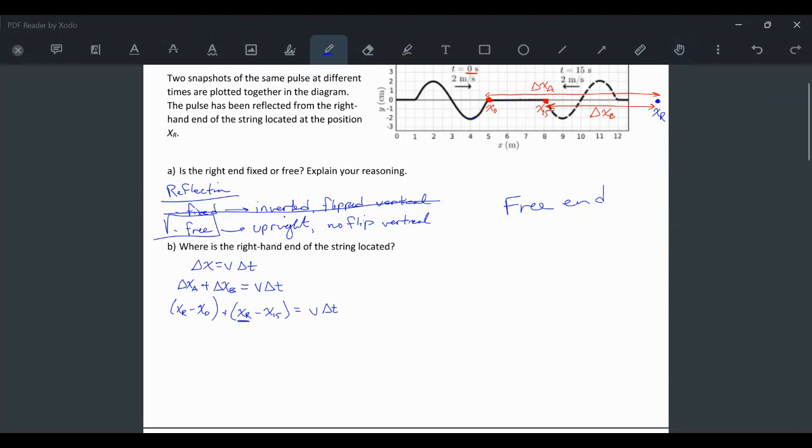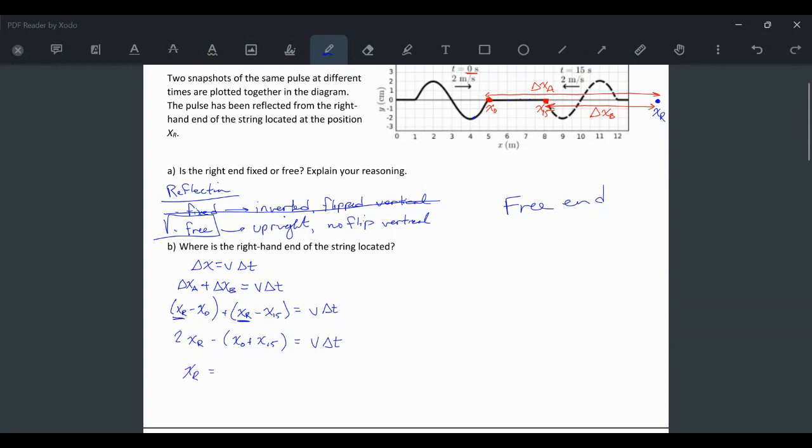At this point, we're all set because what we want to solve for is XR. So we just need to do a little bit of algebra. So we have 2XR minus X0 plus X15 equals v delta t.